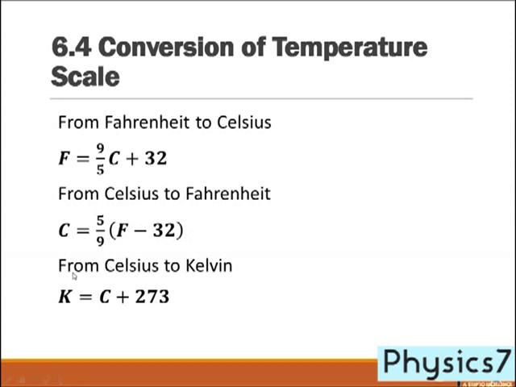And if we wanted to determine the temperature in Kelvin, and we know the temperature in degrees Celsius, we can use the expression that the temperature in Kelvin is equal to the temperature in Celsius plus 273. So these are the typical conversion scales for temperature in terms of Fahrenheit, Celsius, and Kelvin. And you're going to be using these in the following worked examples.